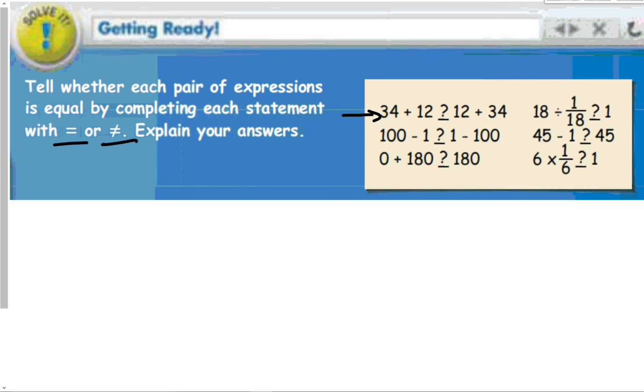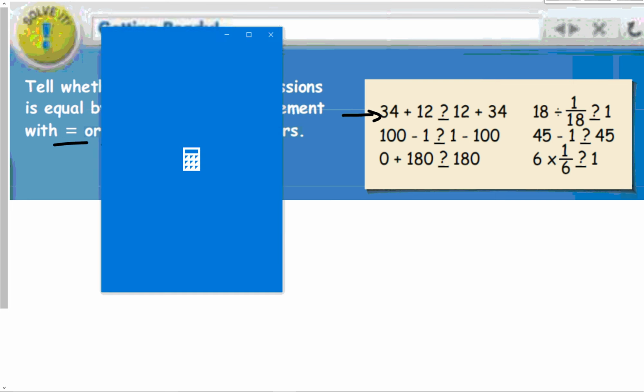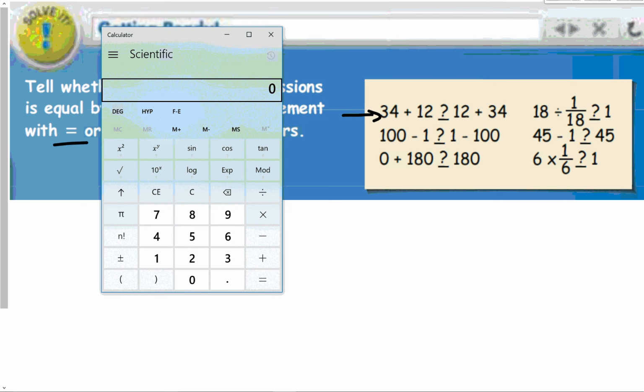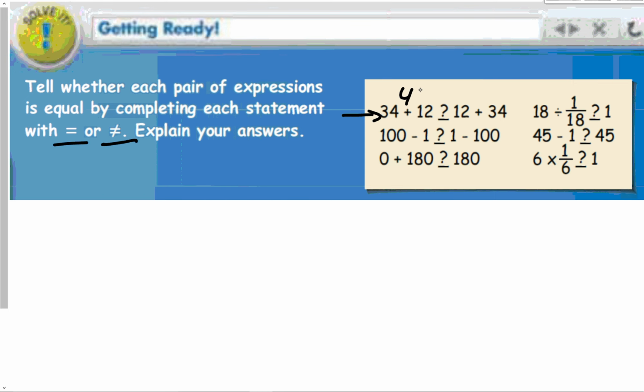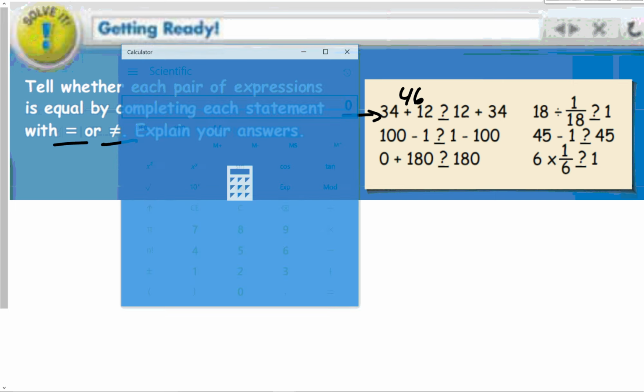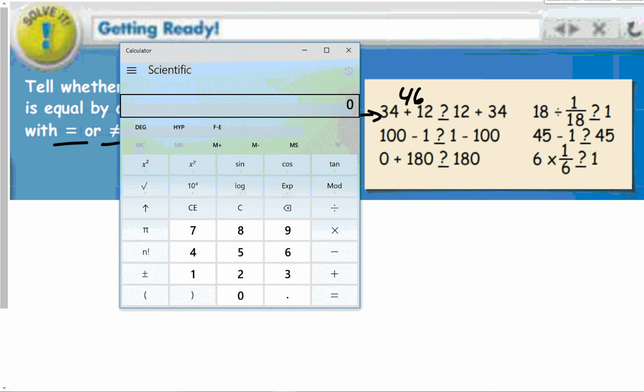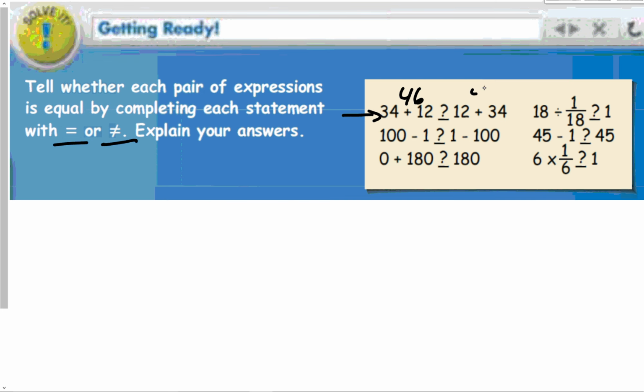Well, we'll talk about the name of this property in a little bit, but hopefully you'll see that 34 plus 12 is 46, and that if we do that again, 12 plus 34 is also going to be 46. Okay, so that works out pretty well.